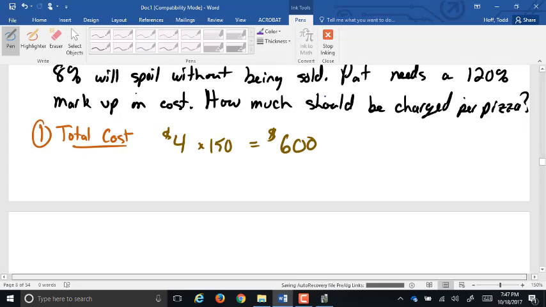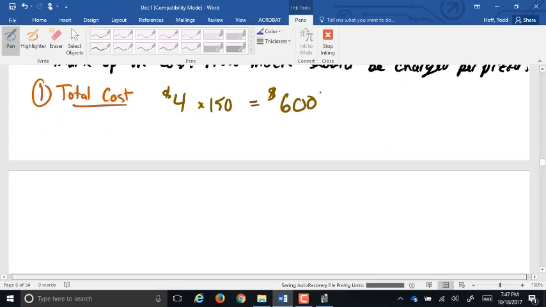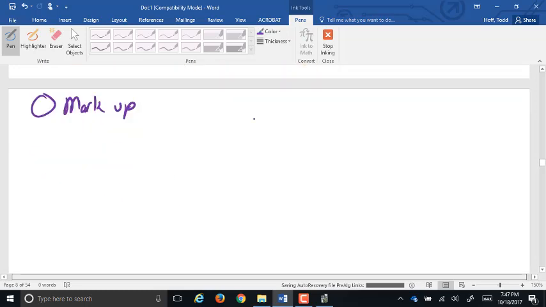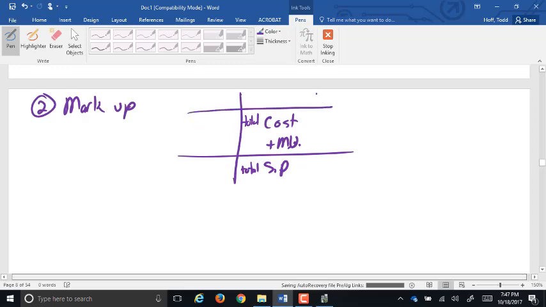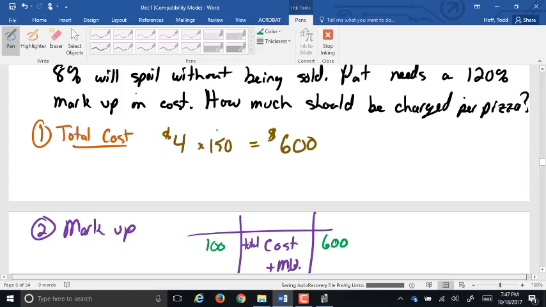Step 2, markup. So we have cost plus markup equals selling price. Now this is total cost, total selling price. We have, of course, the 600 here is the dollar amount for the cost. We need 120% markup on cost.